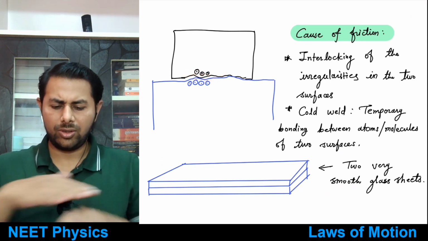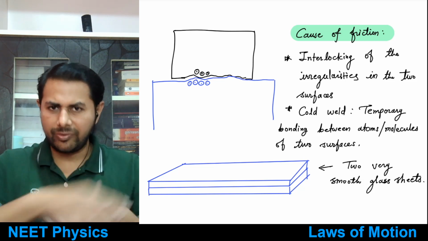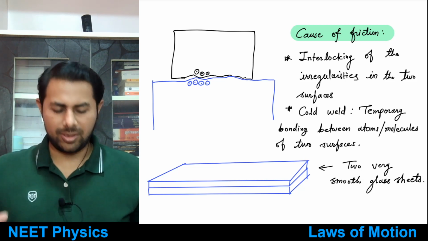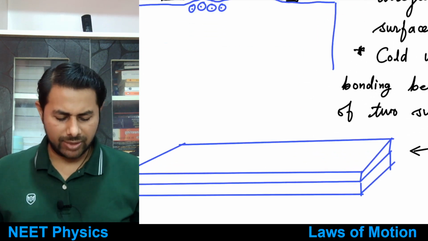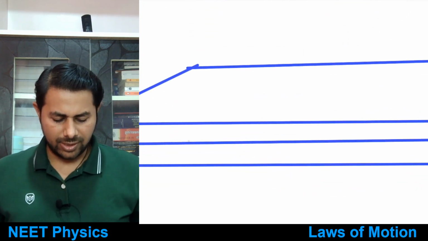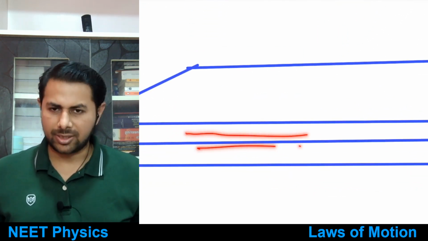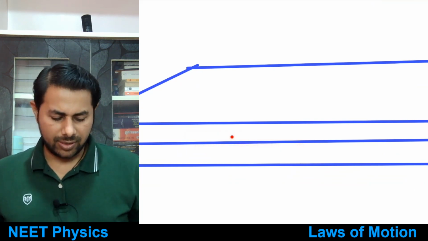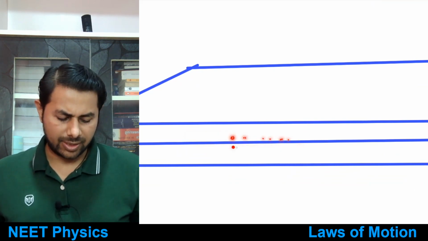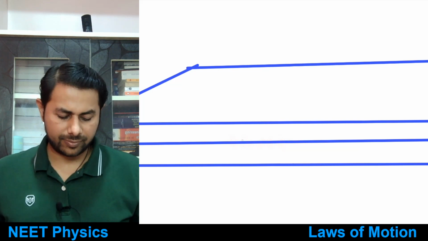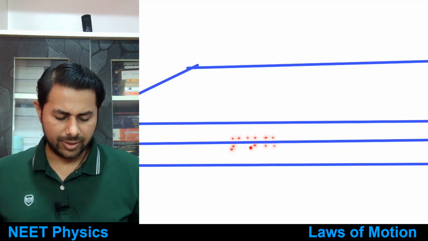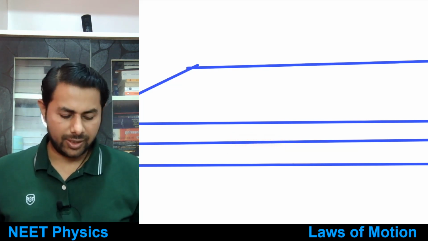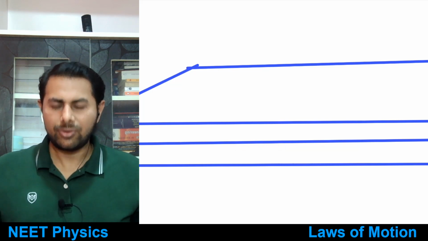But now if you make two surfaces very smooth, perfectly smooth, then what will happen? There are no irregularities at all. Then see, this is one surface, this is another surface, and there are molecules in this surface and molecules in this surface. And now see, there is an intermolecular force.